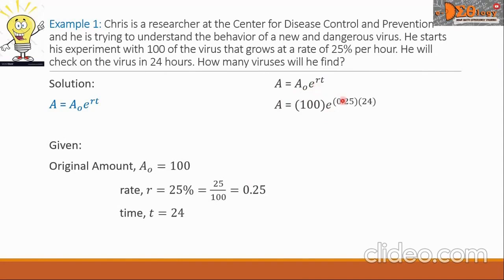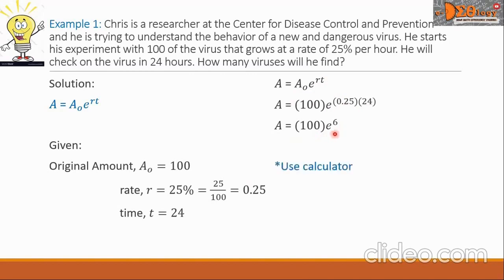Our R is 0.25 and the T is 24. Let us simplify the product. We will have 0.25 times 24 is 6. So we have now in this line A equals 100 times E raised to 6.